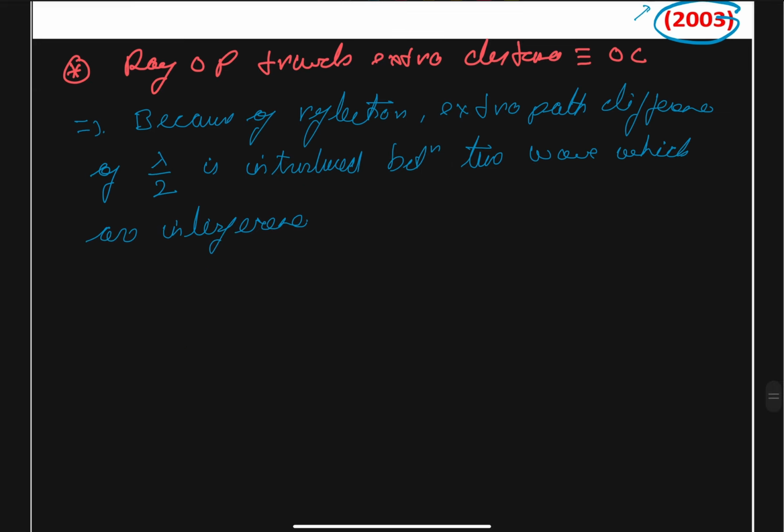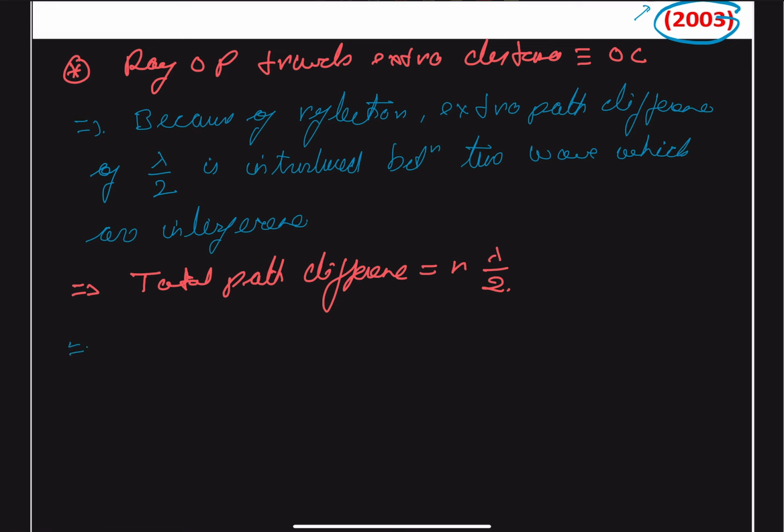So you can say that the total path difference should be an integral multiple of lambda by 2, and we can also calculate the total path difference by using the geometry of the figure.